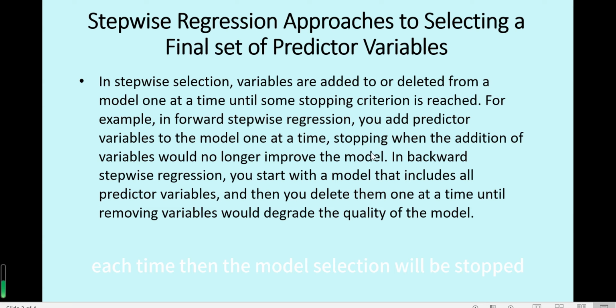The model selection stops when adding variables would no longer improve the model precision. On the contrary, in backward stepwise regression, you start with a model that includes all predictor variables, and you delete variables one at a time until removing variables would not improve the quality of the model.